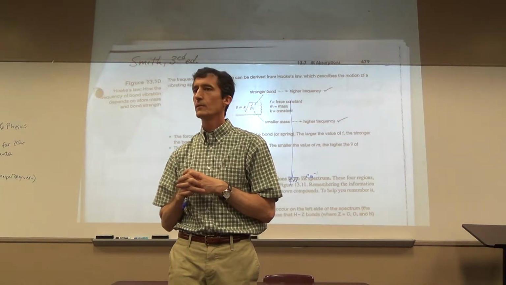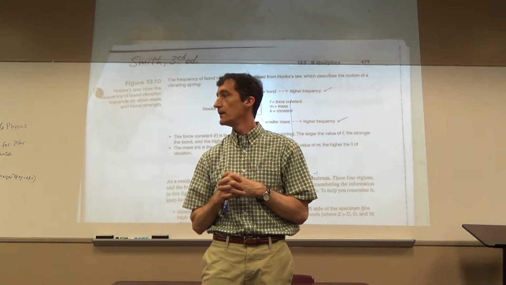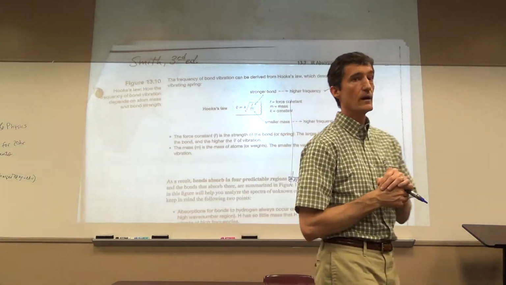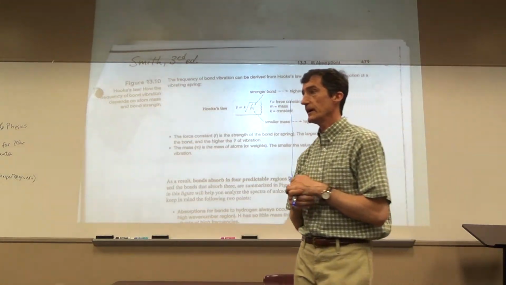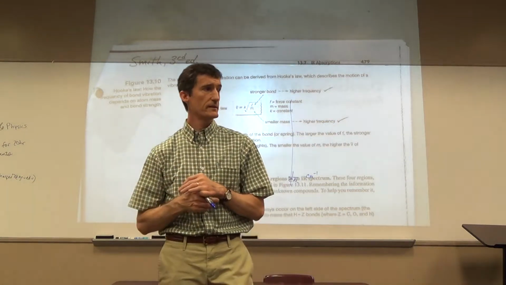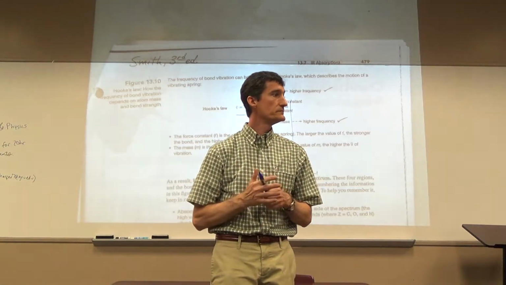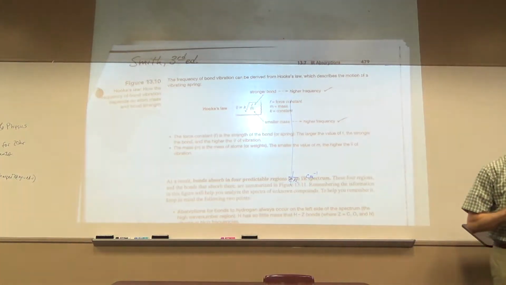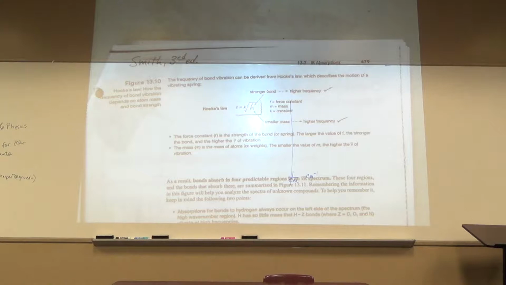It's 1 over. What does it say? How do you know the left is a higher energy? What have we said about anything? We know that wave number should be proportional to frequency. Tell me again, wave number is proportional to frequency?